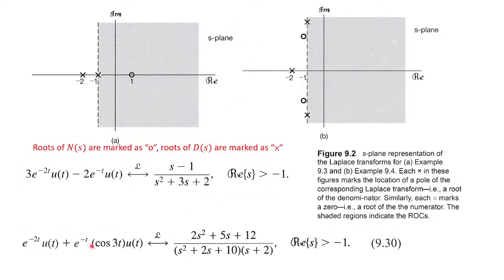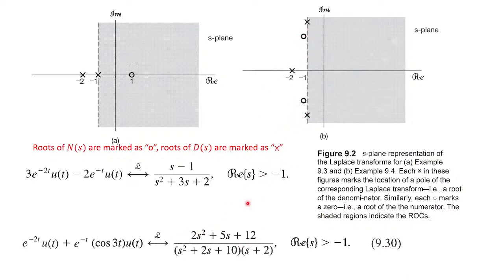And similarly, for our linear combination of complex exponentials, you also have a rational function. Now it's higher order, so you have more roots for N and more roots for D. So the roots here, we plot here.